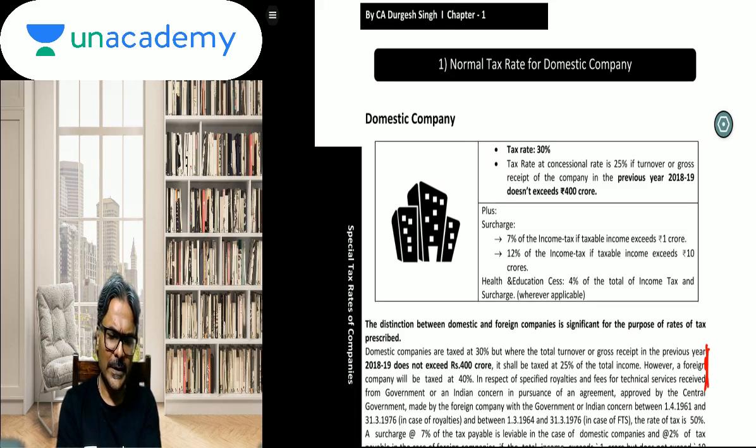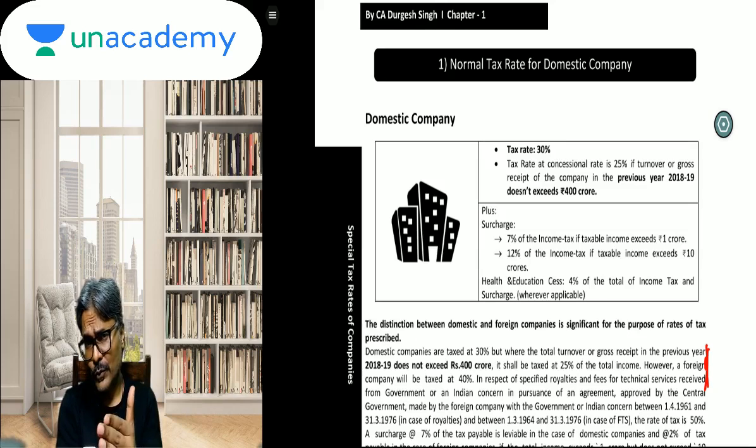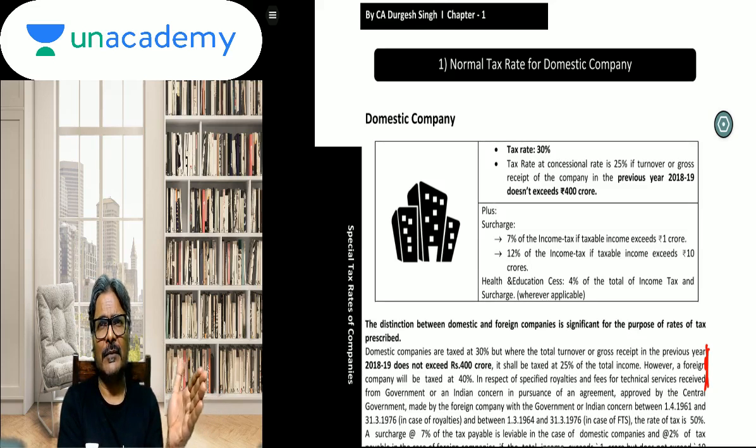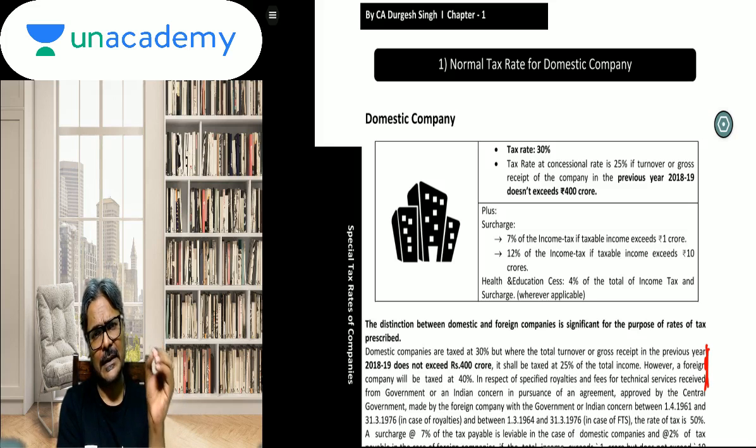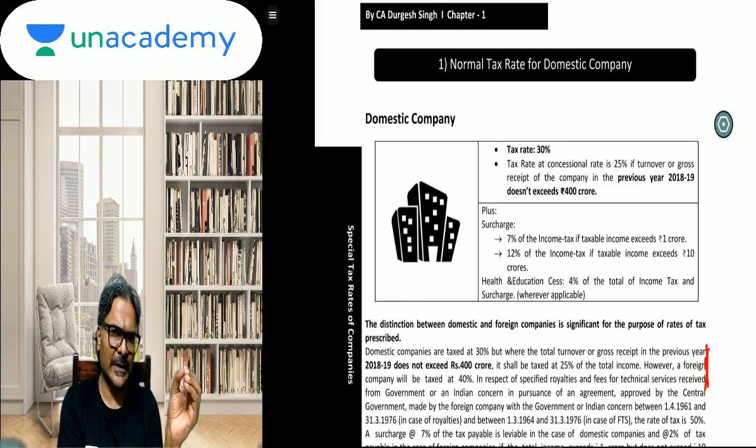Now, one point about the surcharge. As I was just telling you, and I will repeat it again, once you are an SME, your rate will be 25% instead of 30%. But the special rate of tax, which we all know: if in your total income you have any special income which is charged to a special rate of tax, then those special incomes will continue to be charged at the special rate of tax.